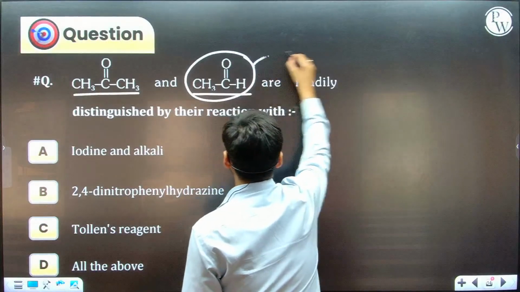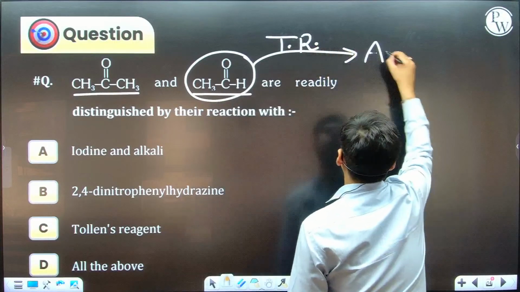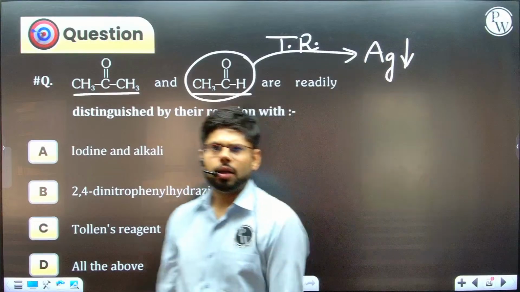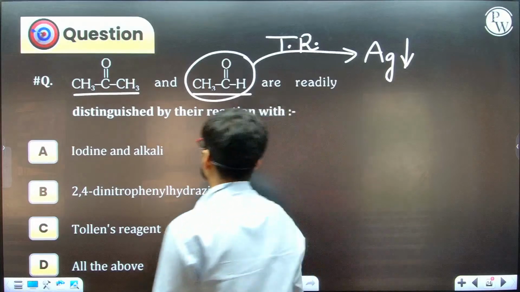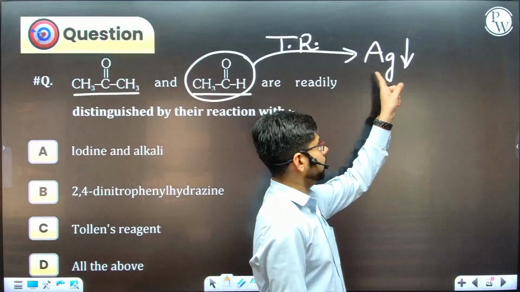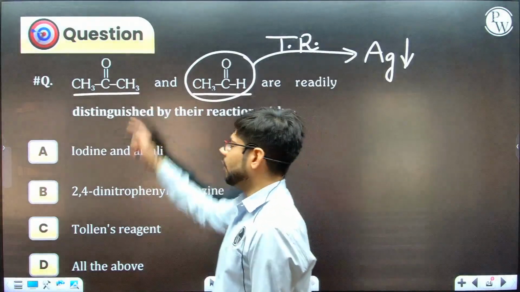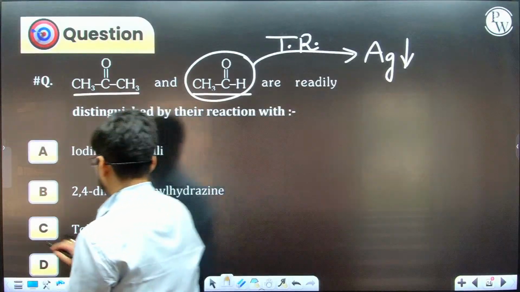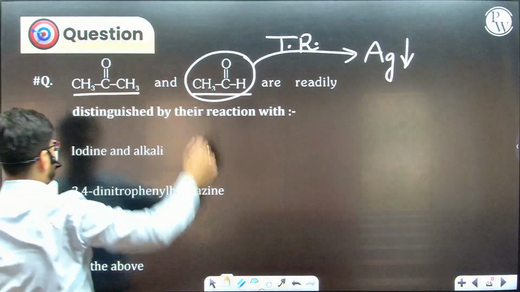If I add Tollens reagent, I will obtain a precipitate of Ag. This is silver mirror. It's gray in color, also called silvery white. So this test is called the Tollens test, also called the silver mirror test, because the Ag obtained as a product is called silver mirror. Now ketones will not undergo reaction with Tollens reagent, and hence Tollens reagent can be used to distinguish the ketone from the aldehyde.